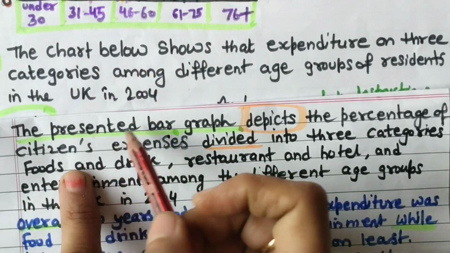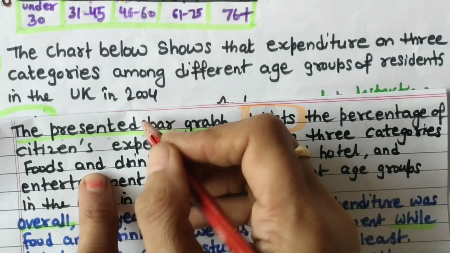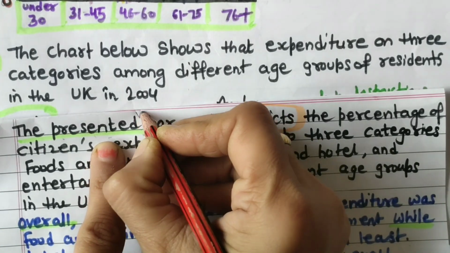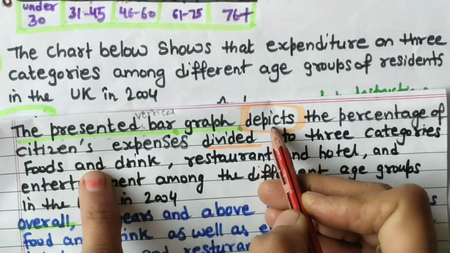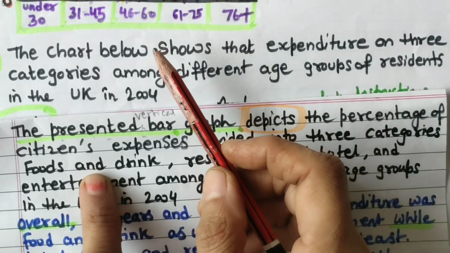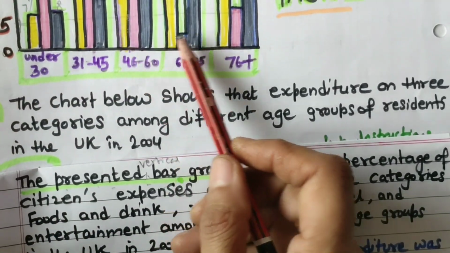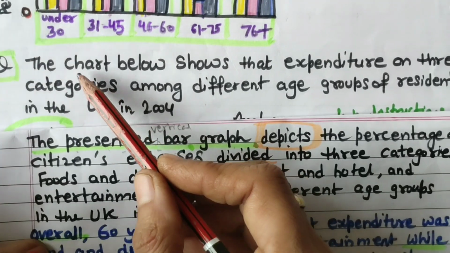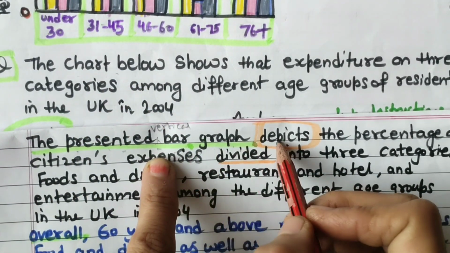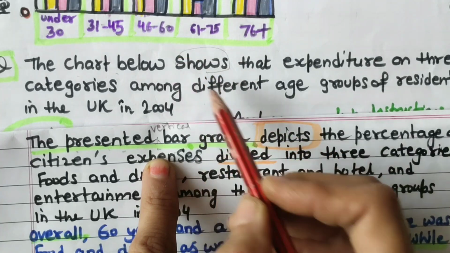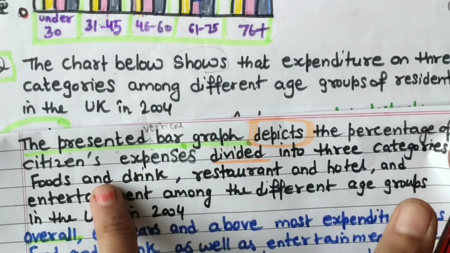So here I have written the presented bar graph. In fact, the presented vertical, I forgot to write vertical bar graph depicts, because there is one bar graph. I know there are many bars, but in the question statement they have given the chart below. It means one chart is there, one bar graph depicts. So instead of shows I have written depicts, or you can use the word illustrates.